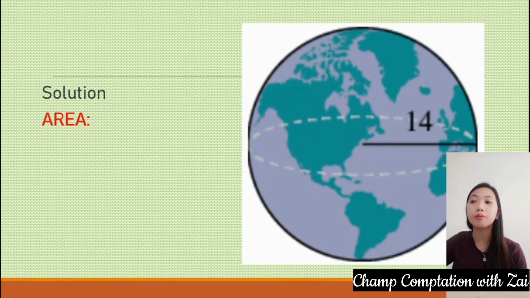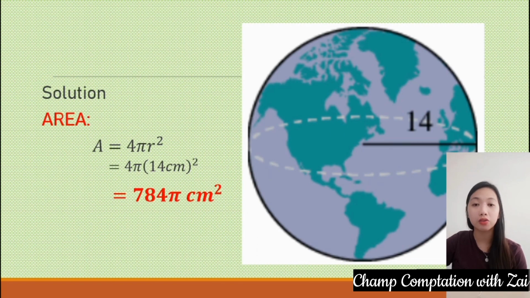The area can be computed as 4 pi r square. Our given is a radius of 14 centimeters. So we have 4 pi times 14 centimeters square, and we have a value of 784 pi square centimeters. That is the area of the globe.